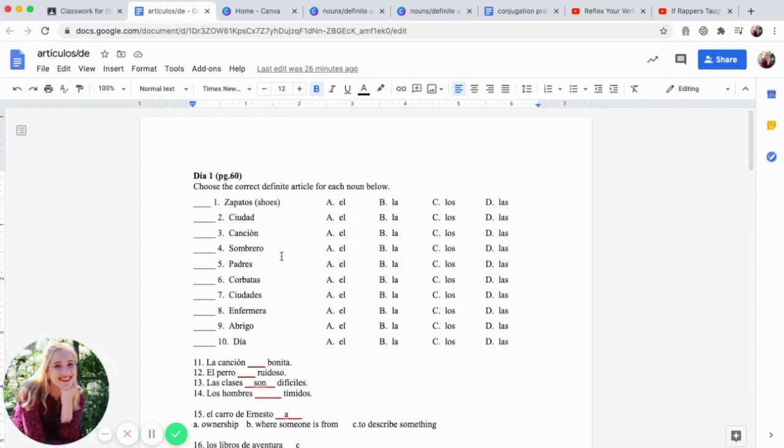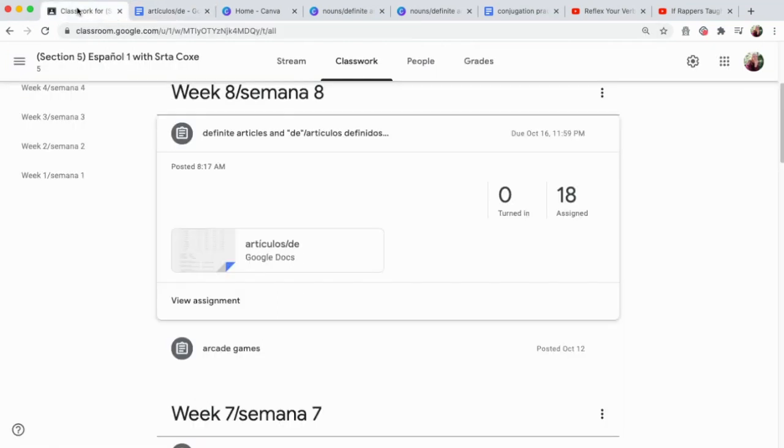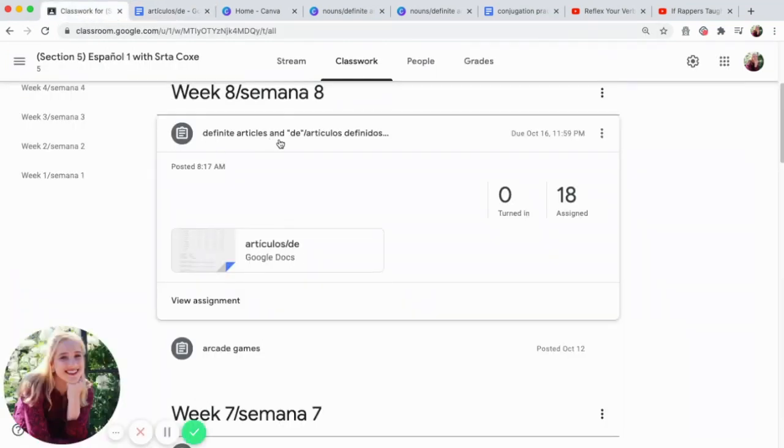What's it called? So it's under week 8, and it's called definite articles and de. Right, and we're going to be turning this in, so make sure you're following along with us.